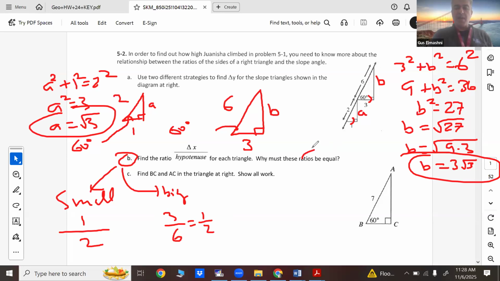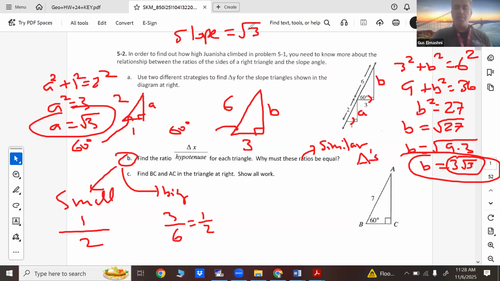So why must these be the same? Similar triangles. That's why. So what this tells me is that delta y is probably √3. I did have 3√3, or the slope. Sorry, the slope is going to be √3.